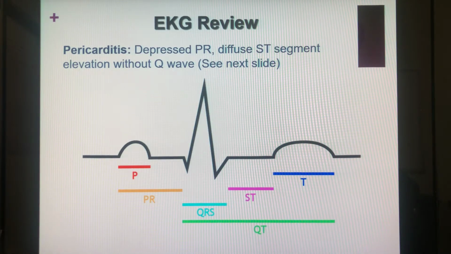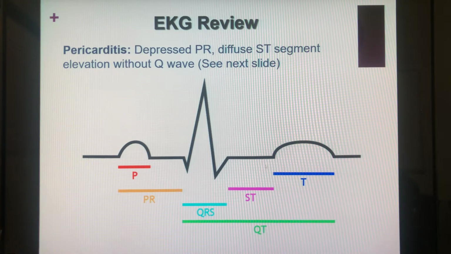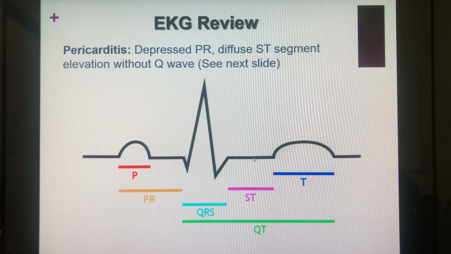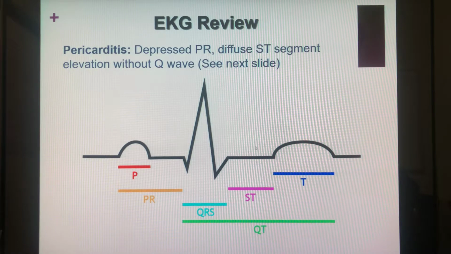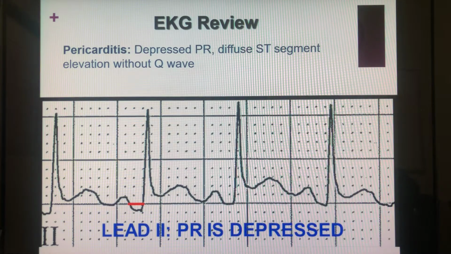On the other hand, when you're talking about the ST segment in here being elevated without having your Q wave back here, I guess that's kind of irrelevant almost, but this ST segment being elevated actually looks a little bit different. So if we look at this next slide here, you can kind of see it.